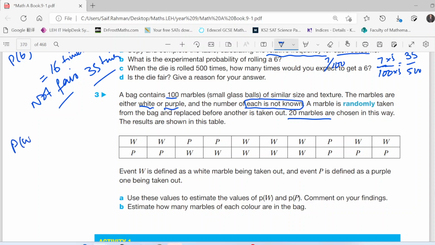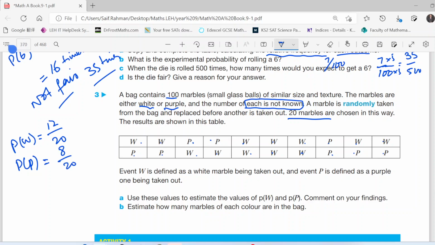So the probability of white is 1, 2, 3, 4, 5, 6, 7, 8, 9, 10, 11, 12. So 12 times out of 20 is the probability of white, whereas the probability of purple is 1, 2, 3, 4, 5, 6, 7, 8.